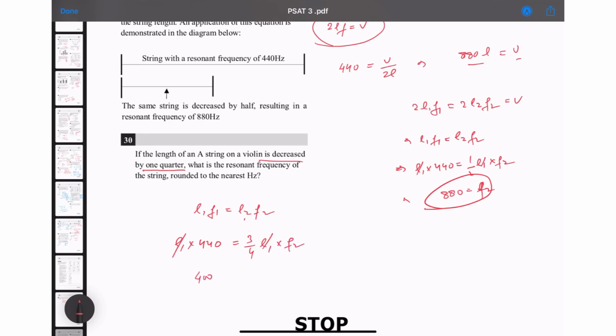So this is 440 times 4 over 3, which is F2. That will be 1760 divided by 3, which is 586.6666. So we can write it as 587 because you have to find the nearest hertz.